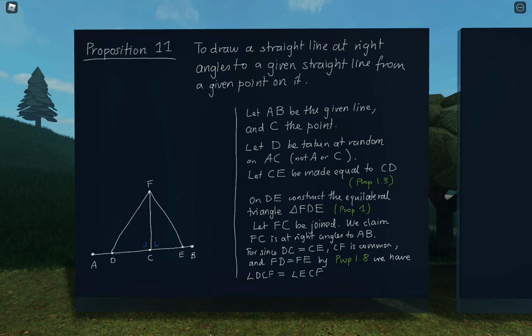Oh, but that's what we had to show. Okay, so we can construct a straight line at right angles to any given straight line from a given point.